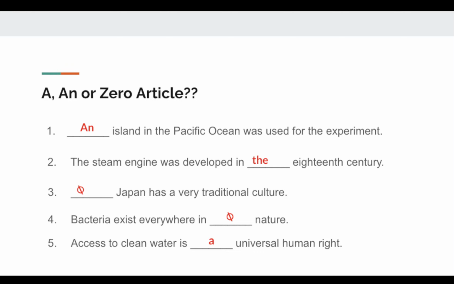Access to clean water is a universal human right. We are talking about one of many rights that humans have. That's why it's a human right, one. And remember that before a U sound, we must place a. That's why access to clean water is a universal human right.